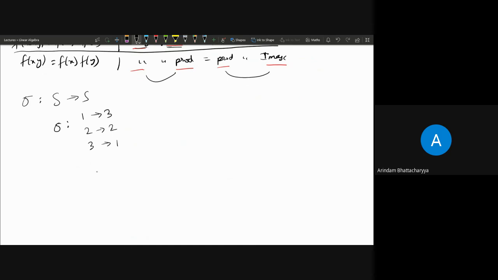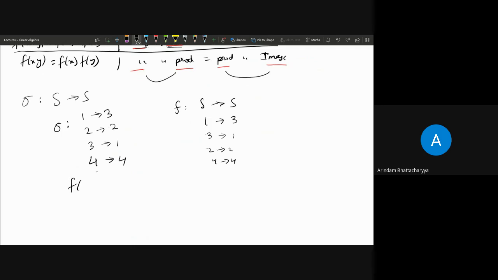And let's say f is the function from S to S such that 1 goes to 3, 3 goes to 1, 2 goes to 2, 4 goes to 4.